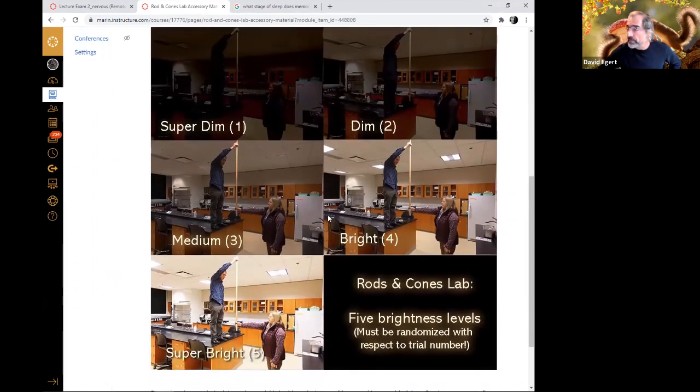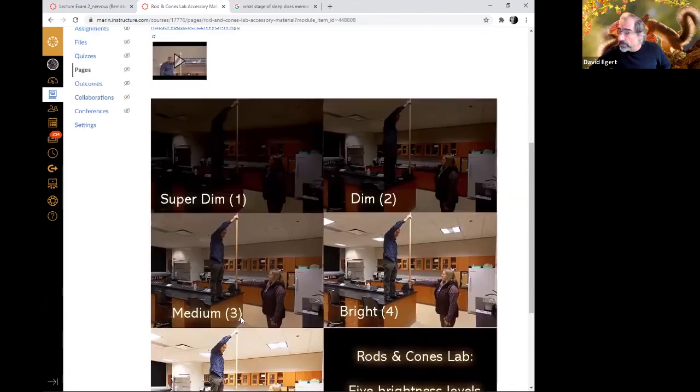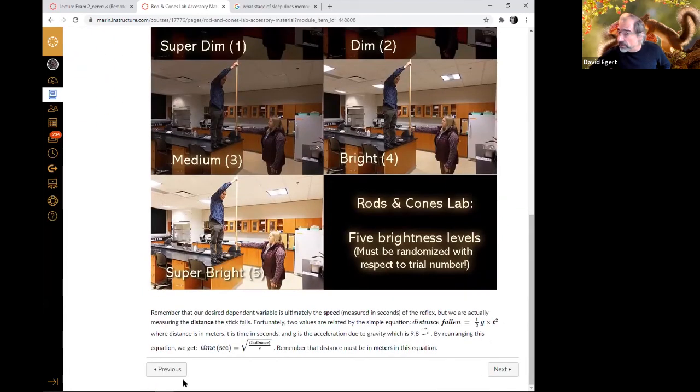And this is kind of showing you what the room looks like when we're actually doing the experiment. It's basically somebody on the desk holding the stick. Here we have the subject grabbing the stick. This gives you that little formula I was telling you about.